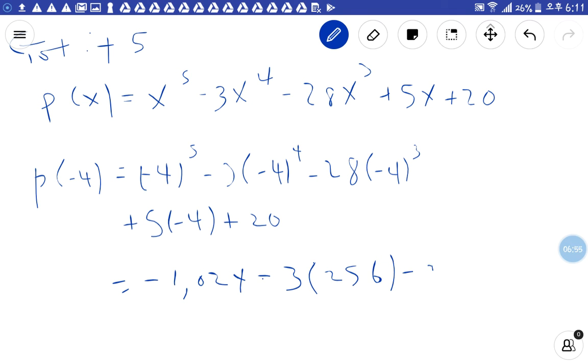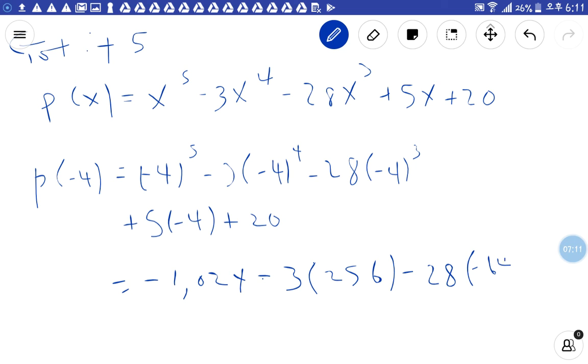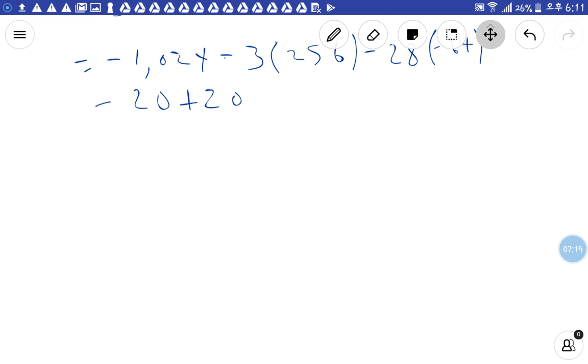And then minus 28 times 4 to the 3rd power, 64, but that should be negative 64. And then minus 20 plus 20.